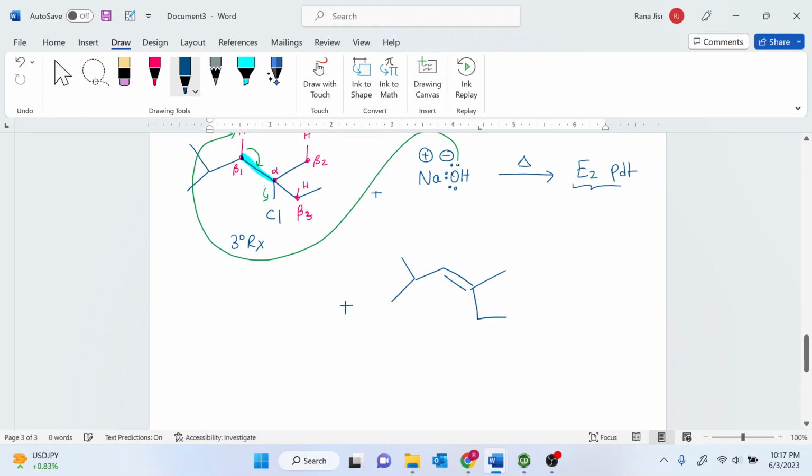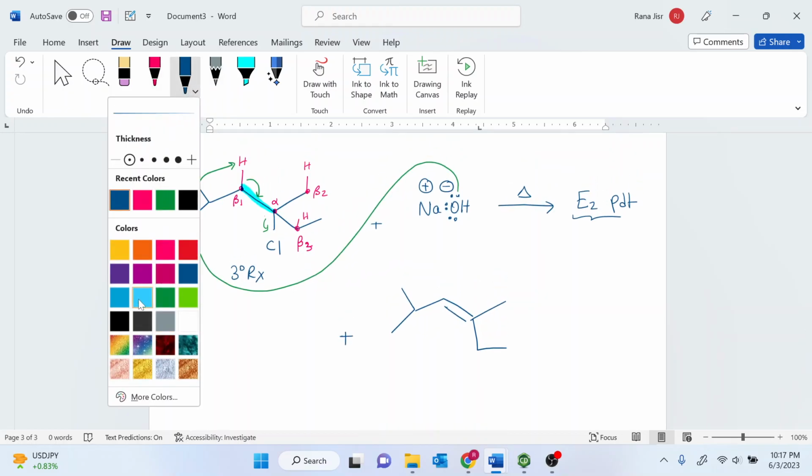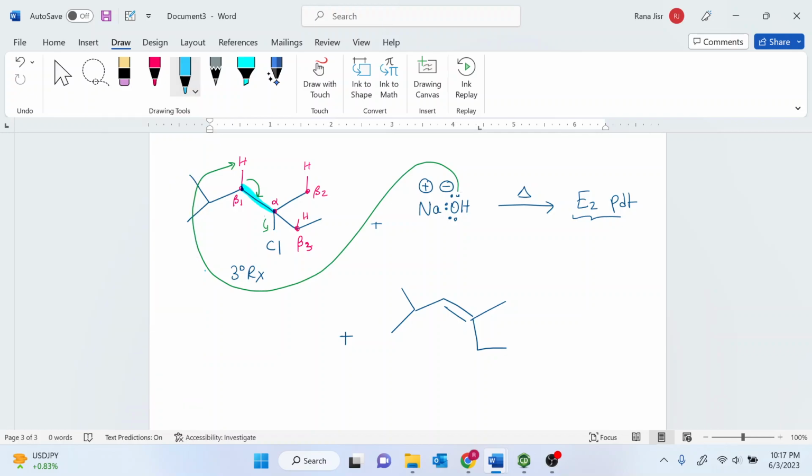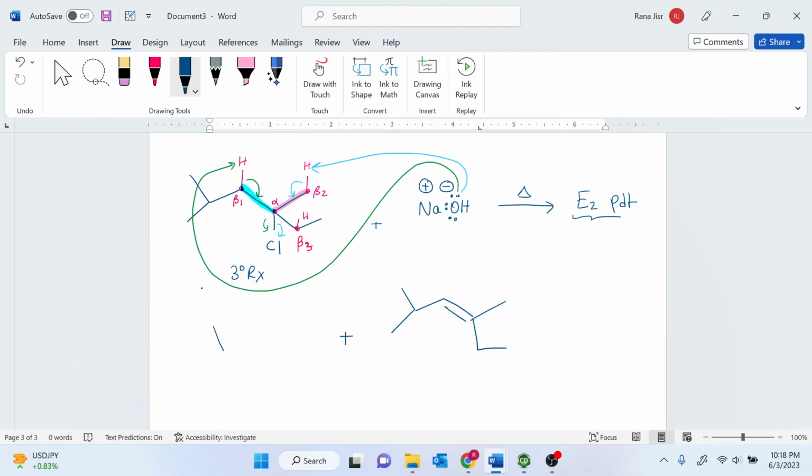Plus, if the base comes and attacks the beta 2 hydrogen, forming a double bond, the halogen is going to leave. So now I'm going to end up getting a double bond between beta 2 and alpha. My product is going to be another type of alkene, where the double bond is here.